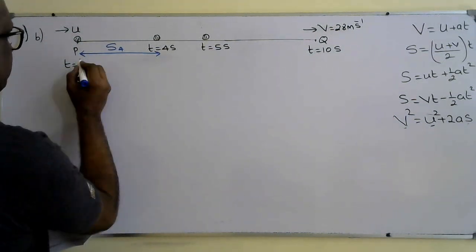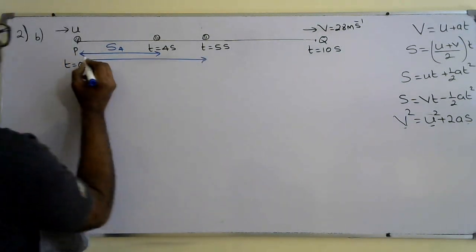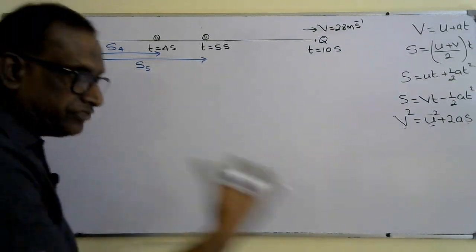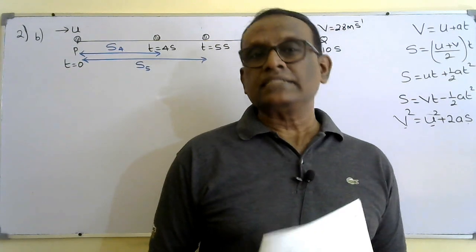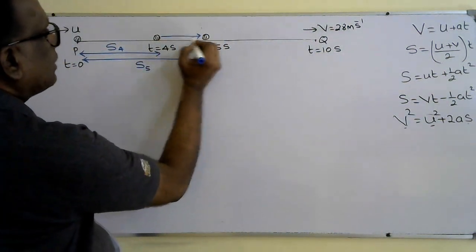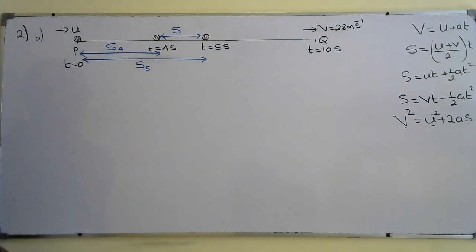The distance traveled during 5 seconds from the initial time is S5. The question is during the 5th second, that 1 second interval from 4 seconds to 5 seconds, it traveled from here to here. This is the distance S. How much did it move? So S is equal to S5 minus S4.